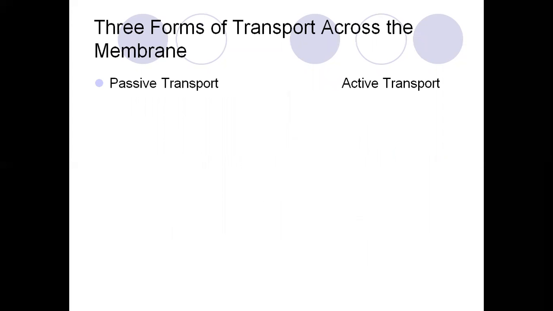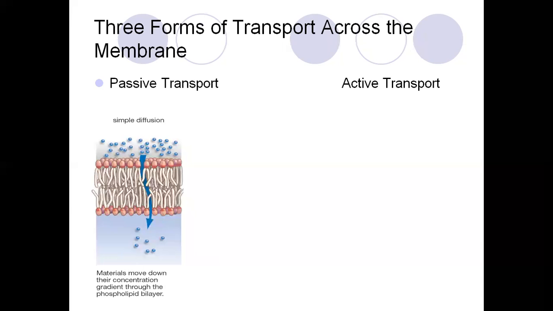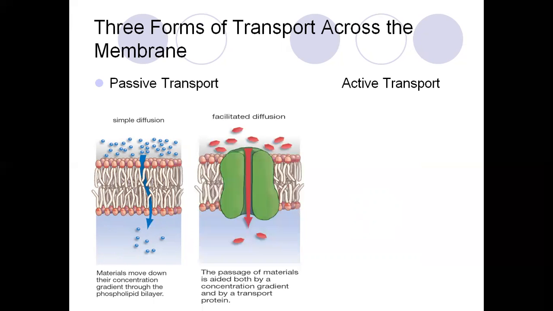Then the three forms of transport across the membrane: passive transport, facilitated diffusion, and active transport. First of all, the passive transport is simple diffusion. Material moves down the concentration gradient through the phospholipid bilayer. In facilitated diffusion, the passage of material is aided both by a concentration gradient and by the transport protein.